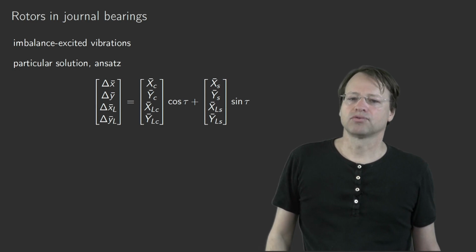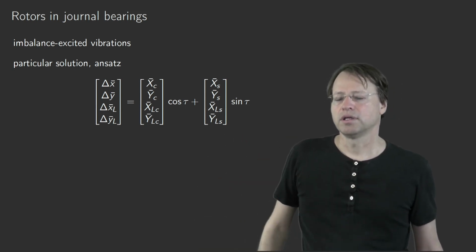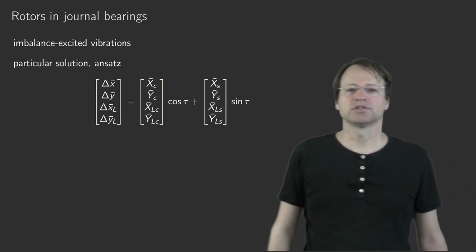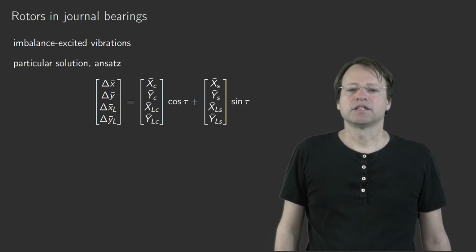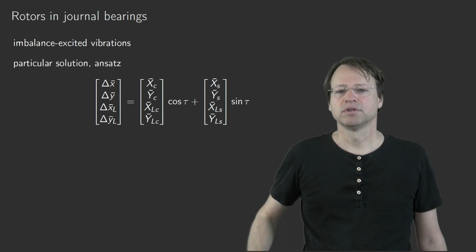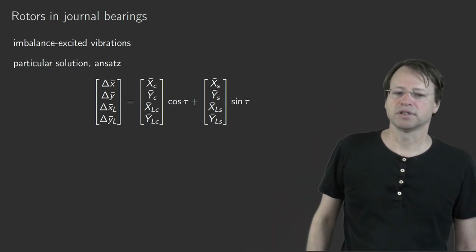Then it's possible, of course, to insert that ansatz into the inhomogeneous equations of motion and to obtain an algebraic system that is now 8-dimensional, because we have to determine 8 amplitudes.